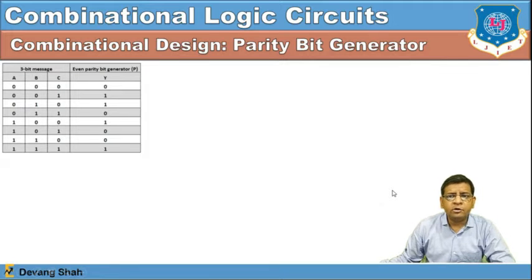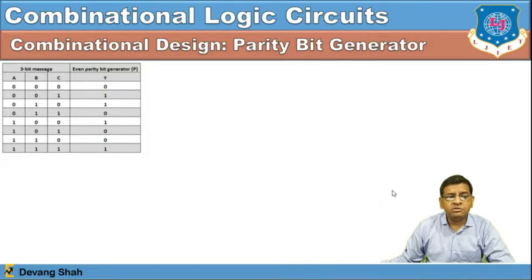This is a parity bit generator, and you can observe the truth table given with a 3-bit message, where ABC is 0, 0, 0, I can define the output as 0. Here I have taken it as an even parity bit generator.